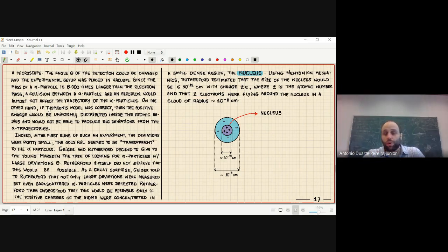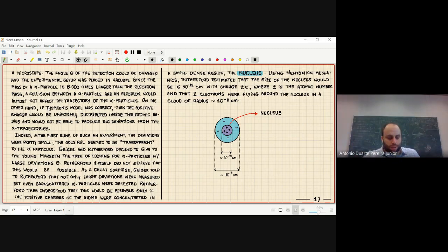Also, if the model proposed by Thomson was correct, the plum pudding model, then because you have uniformly distributed positive charges, these alpha particles would hit a positive charge, then another positive charge, then another positive charge, in such a way that in these random collisions, the net effect would be that essentially no deviation would be seen.